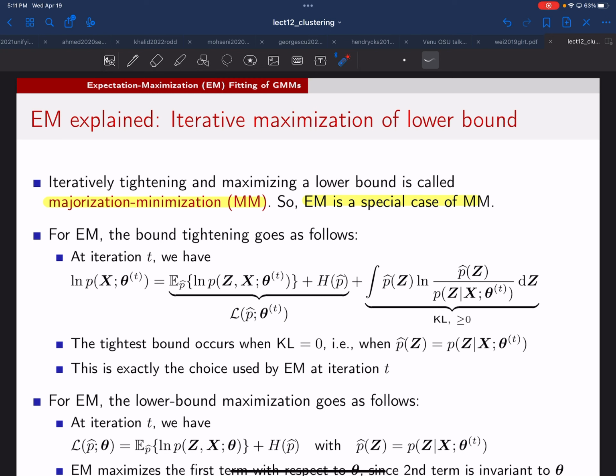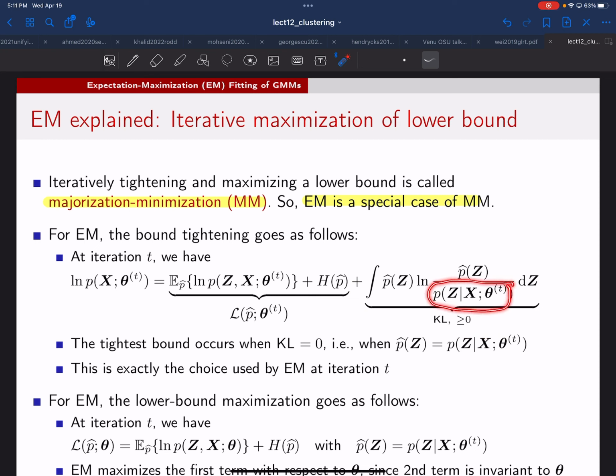Okay, so if we want to tighten this approximation, how do we tighten it? What's the tightest possible? When these are equal, this must be 0. How do I make this 0? By choosing p hat. Can you see it? What's the p hat that makes this 0?